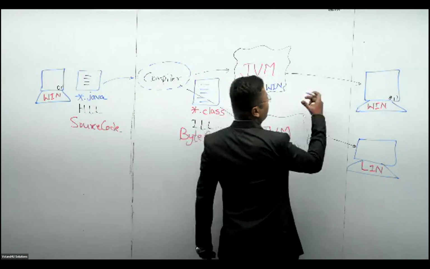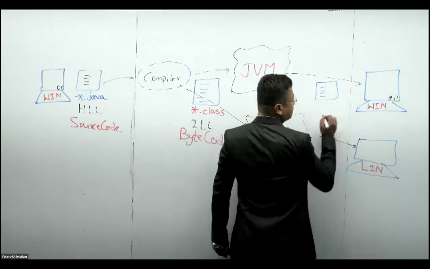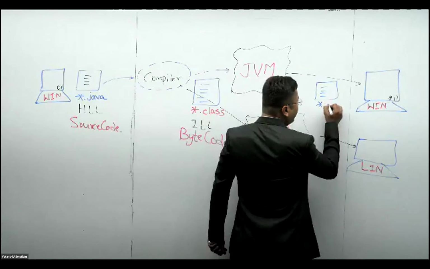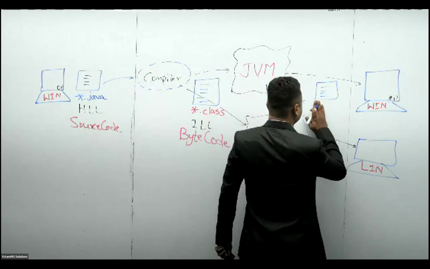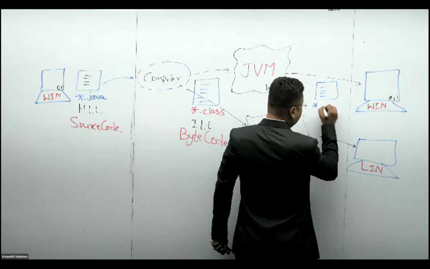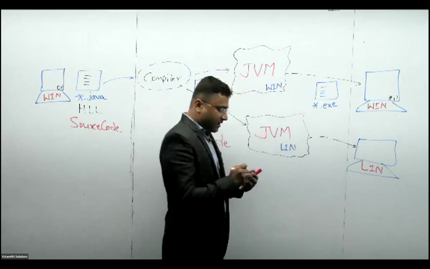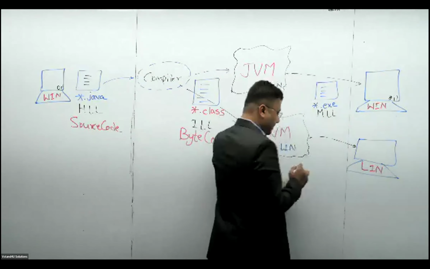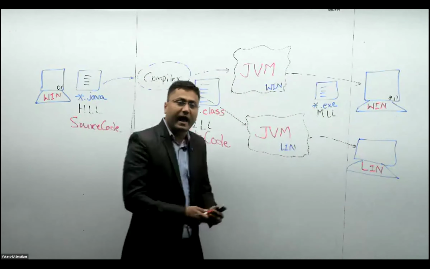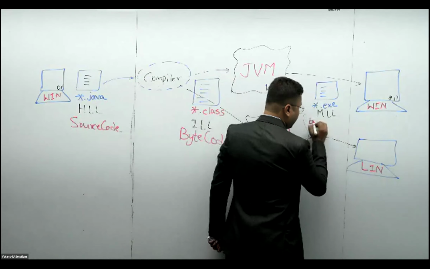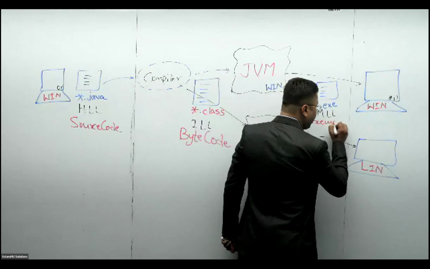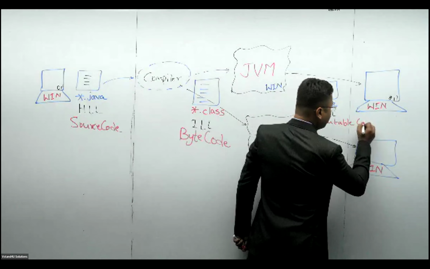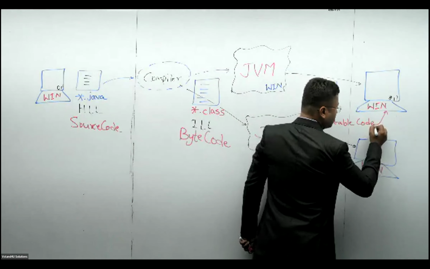The JVM of Windows will produce a file which is having extension of dot exe. In which language, sir? Machine level language. This file will be called as executable code only for Windows.